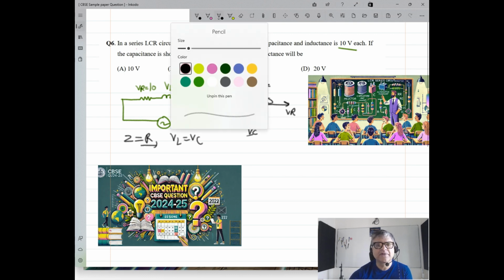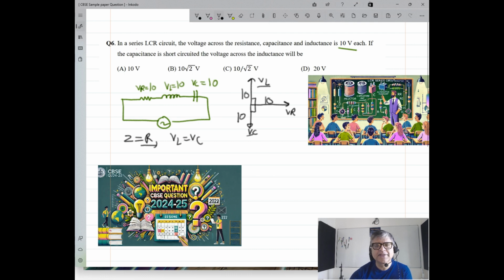Now let's talk about the next step. What's happening here? Now you are shorting the capacitor. Shorting the capacitor means, in an LCR series circuit, the current passing through the elements was identical. In a series circuit the current is the same here, here, and here.